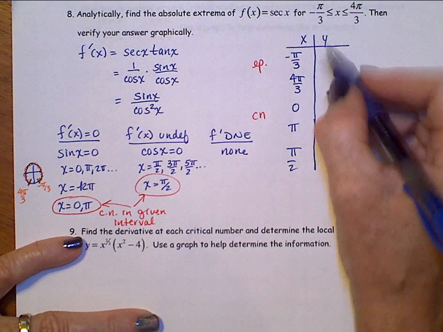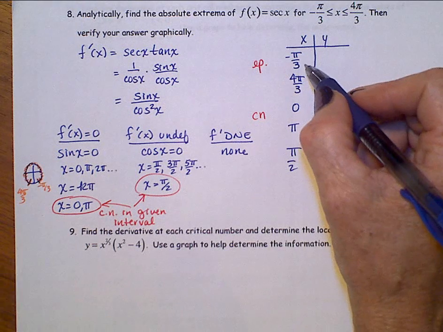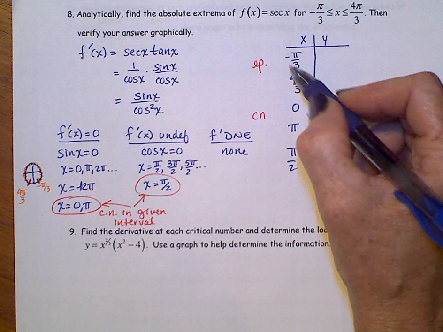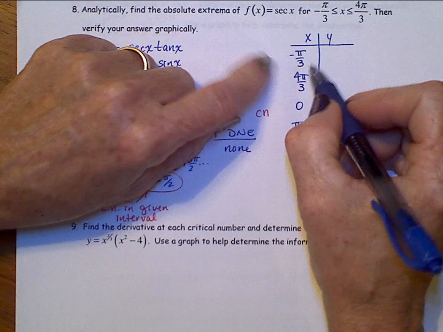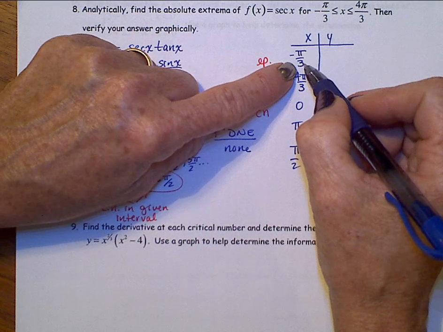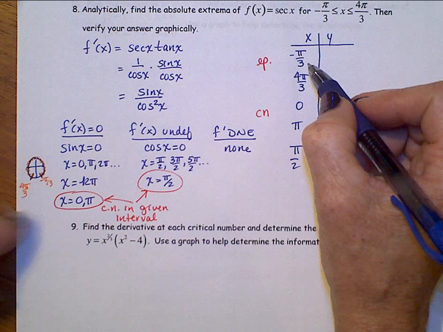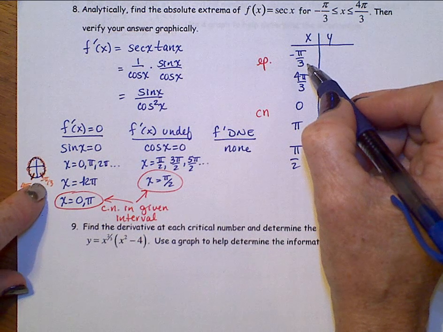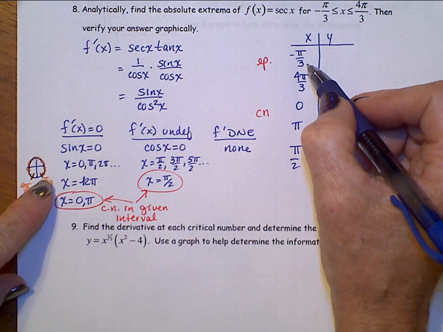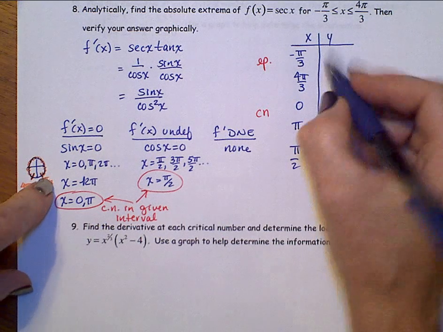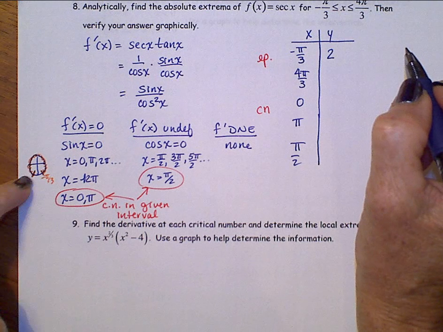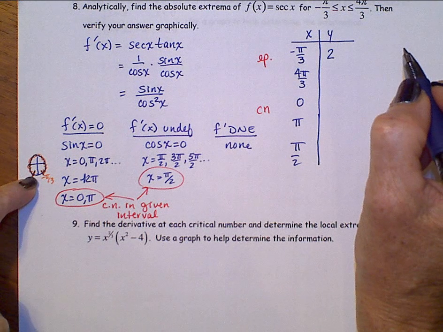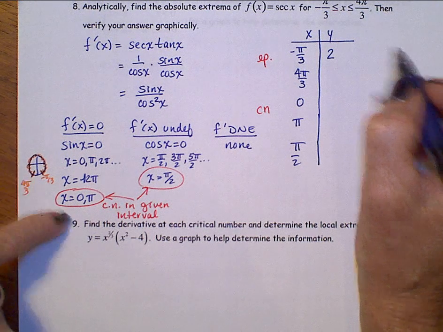I'm going ahead and looking at those. So we need to substitute these x values back into the original equation. So we'll need the secant of negative pi over 3. Secant there is 1 over cosine. Cosine's half, so 2. At 4 pi over 3, secant here is going to be negative 2.